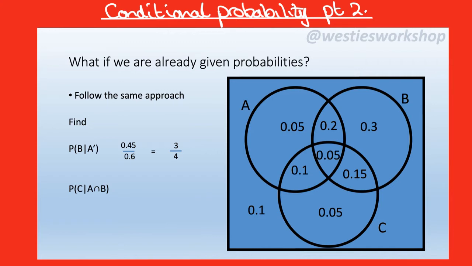The probability of C given A intersection B. So A intersection B is 0.2 plus 0.05, which is 0.25.